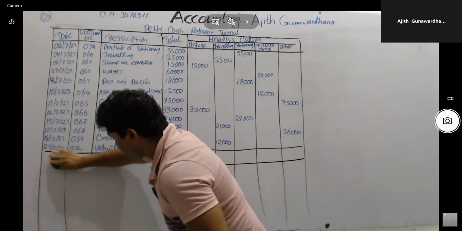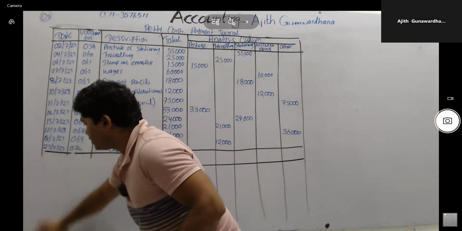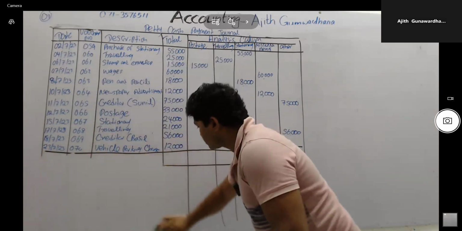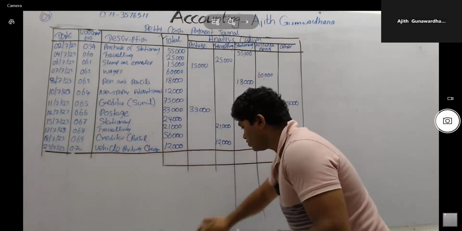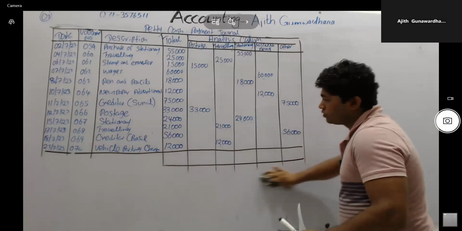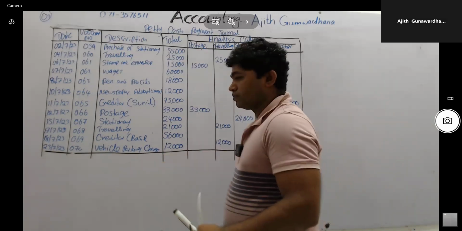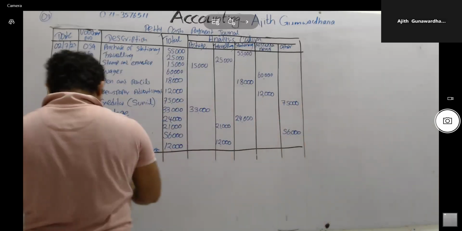First, how to maintain the petty cash payment journal. Then I will discuss how to record this information in the ledger account also. You have to know how to record this information in the ledger account also. First one, calculate the total value of each column.